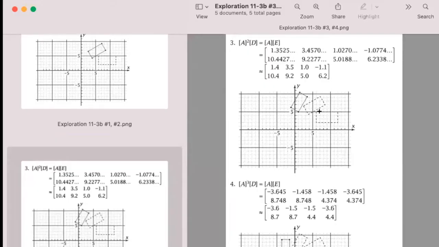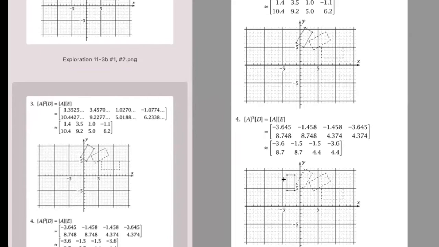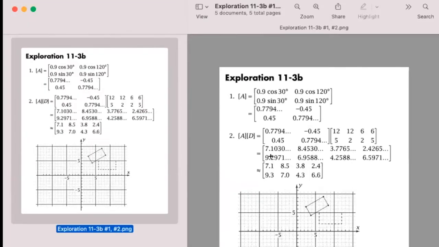You'll notice that it continues to sort of wrap around here and then here, but also notice something else. Although they told you to store it and then redo the multiplication by A, check this out. If you're doing A times A times D, this is what you get.